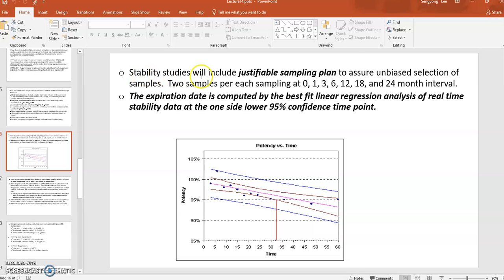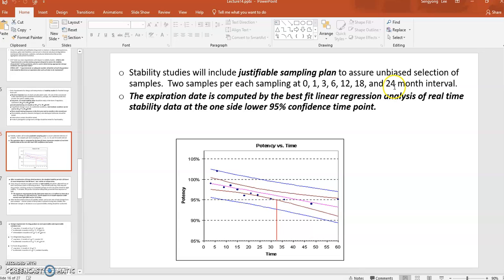And stability studies will include a justifiable small sampling plan, okay, to assure unbiased selection of samples. So 2 samples per each sampling at maybe 0 time, 3 months, 6 months, 12 months, 18 months, 24 months interval, or something like that.